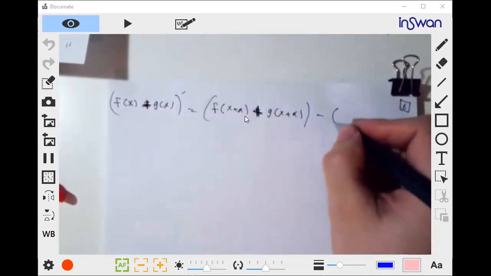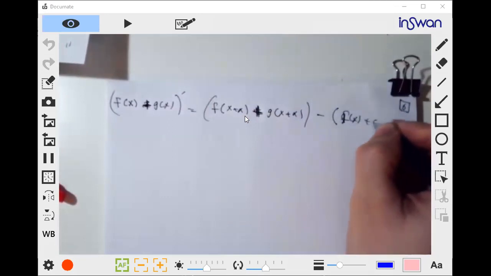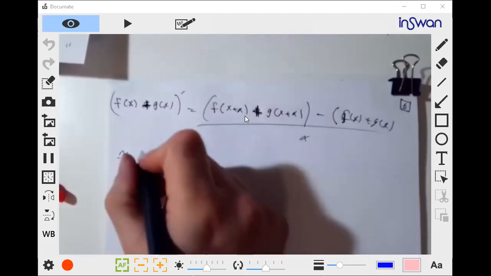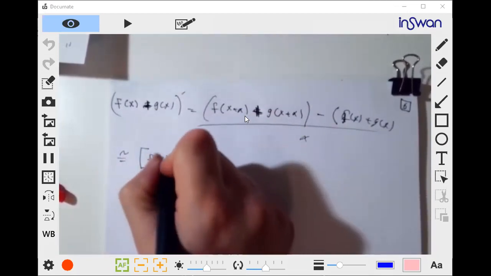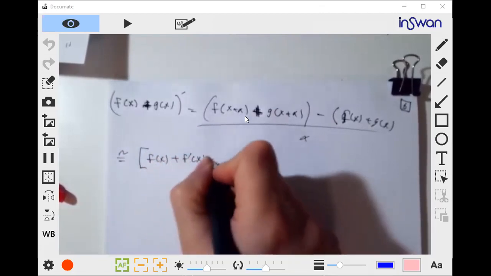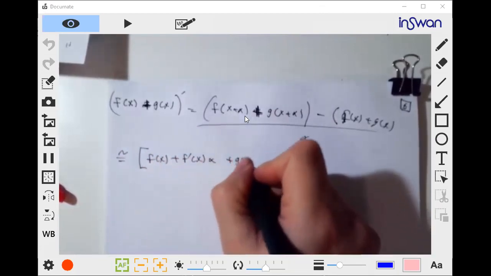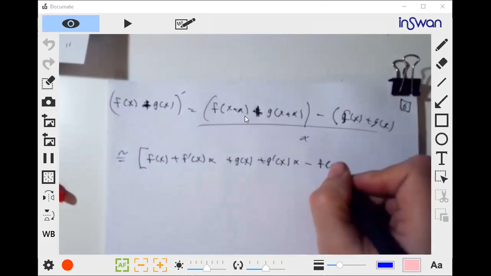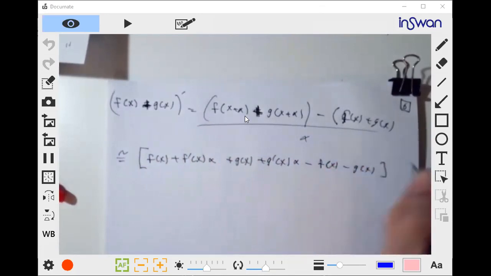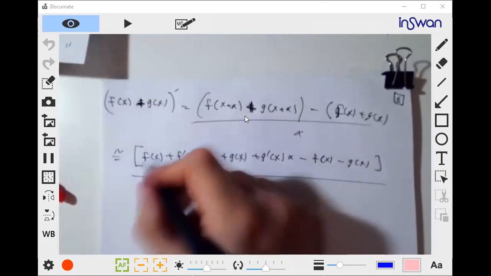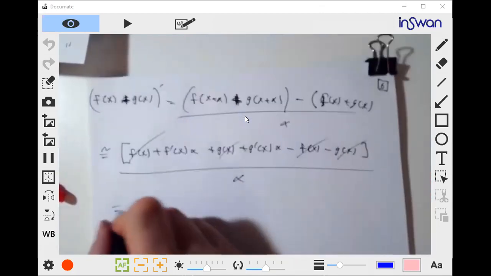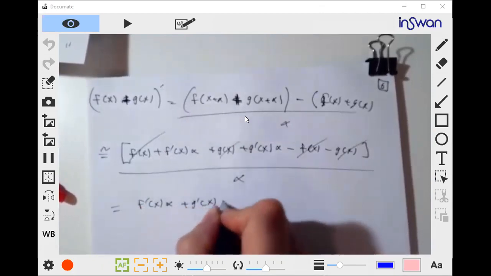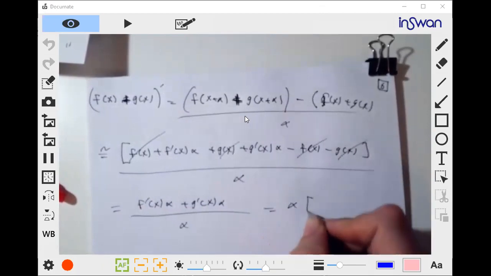So this by local linearity is the same thing as f of x plus f prime of x alpha plus g of x plus g prime of x alpha minus f of x minus g of x all over alpha. F of x goes away, g of x goes away, so this just becomes f prime of x alpha plus g prime of x alpha over alpha. Factor out alpha.